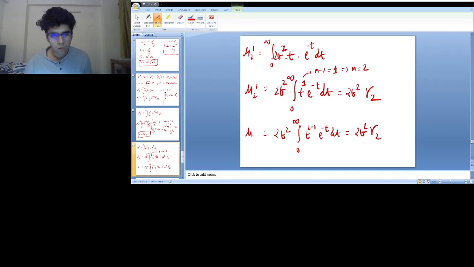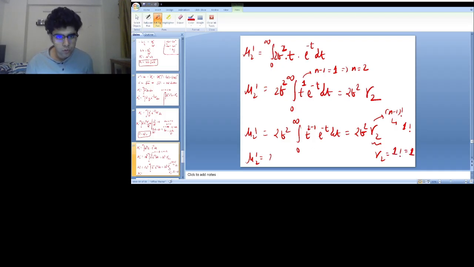So my second moment with respect to the origin, now gamma 2 is equal to n minus 1 factorial. My n is 2, so this is 2 minus 1 factorial, which gives me 1 factorial, and 1 factorial is equal to 1.